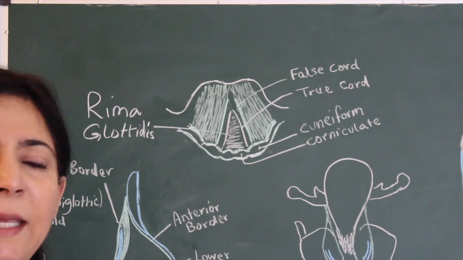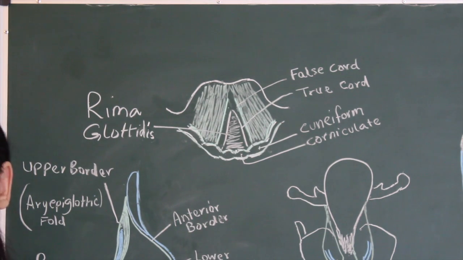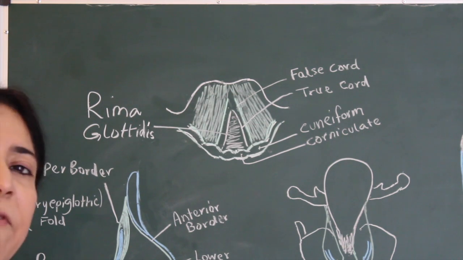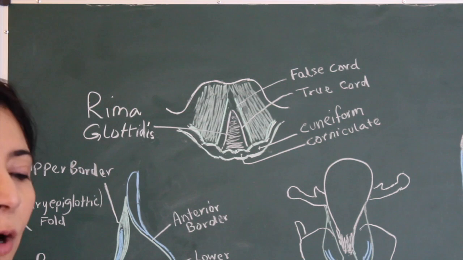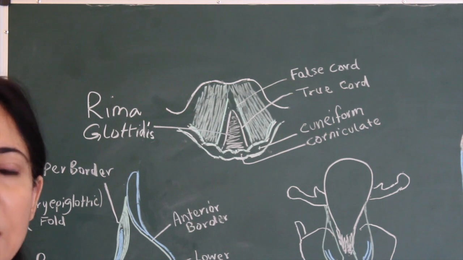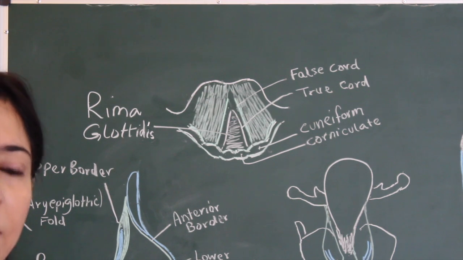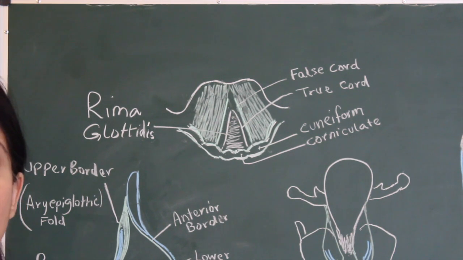Any expanded region which acts like a receptacle is known as a vestibule. So we have a vestibule of nose. We also have a vestibule of larynx that receives the air. So the region of the larynx above the vocal folds is known as the vestibule.